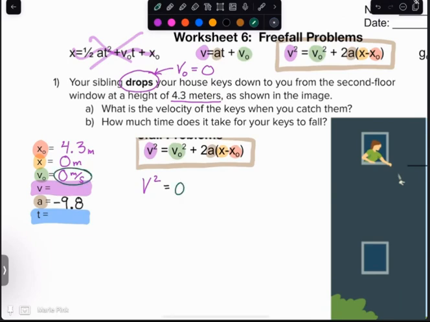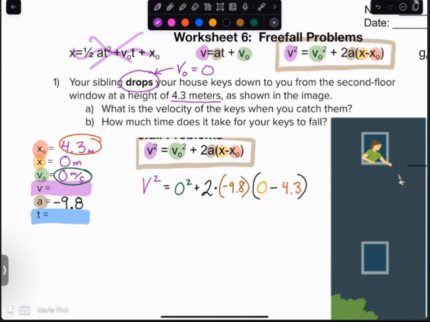So that's 0 plus 2 times my acceleration, which is negative 9.8, times my final position, which is x. Oops, sorry. X is 0. Minus my starting position, which was 4.3.